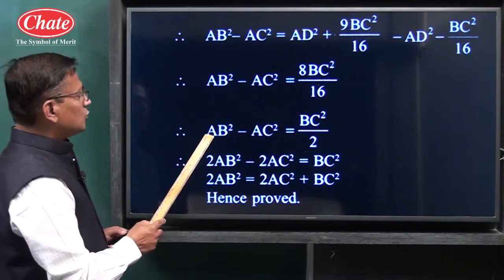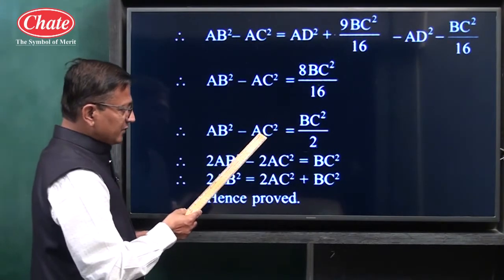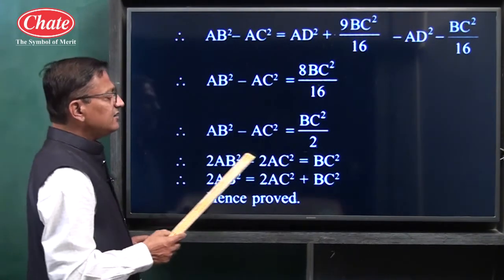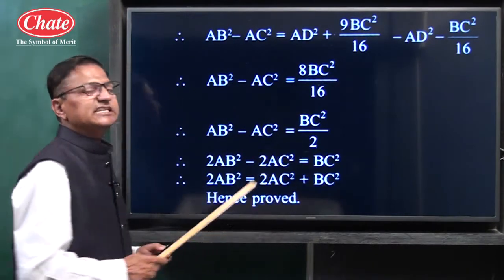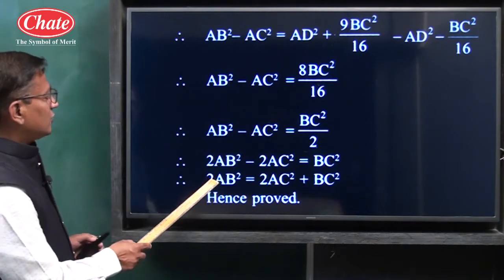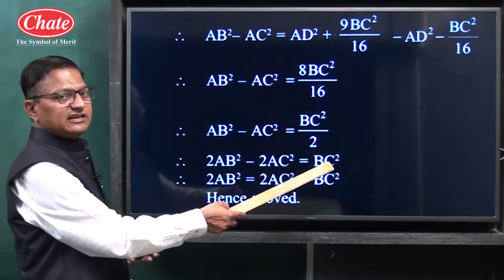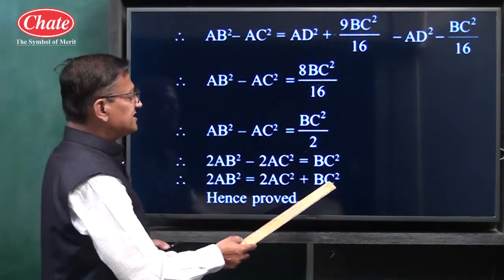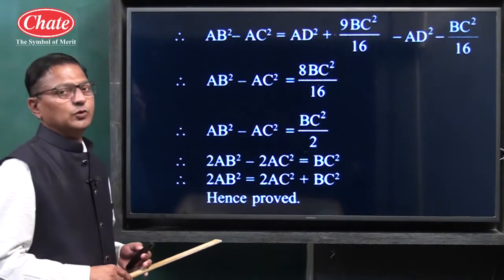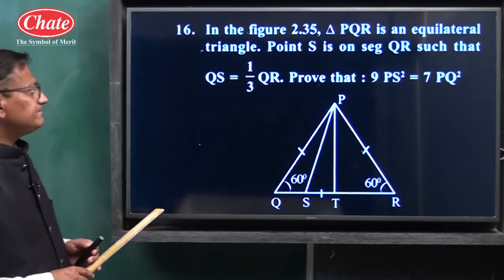So we get 2AB square minus 2AC square is equal to BC square. So 2AB square is equal to, after the minus goes to the RHS it becomes plus, 2AC square plus BC square, hence proved. This is what we were asked to prove.